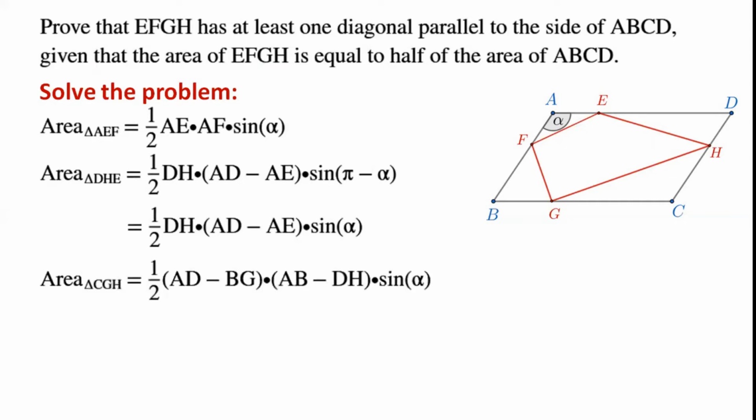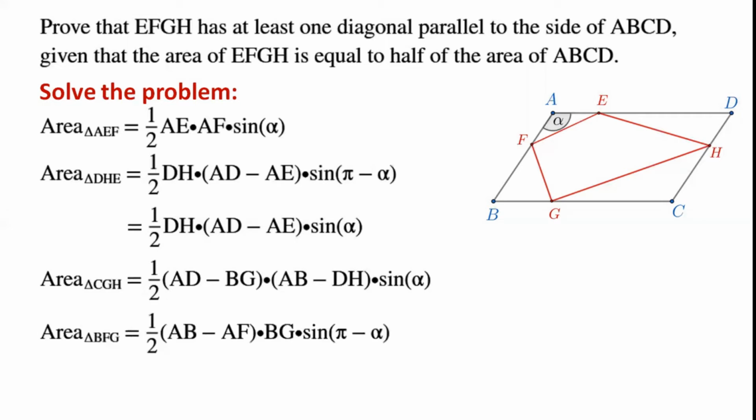Area of triangle CGH equals half times (AD minus BG) times (AB minus DH) times sine alpha.